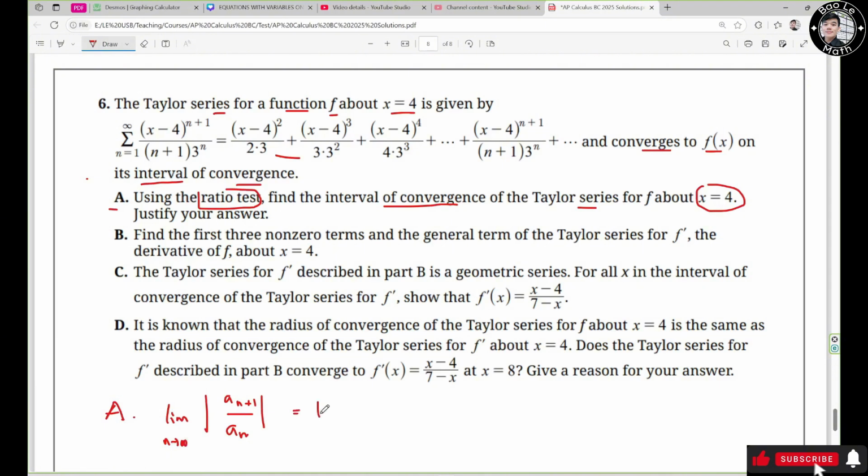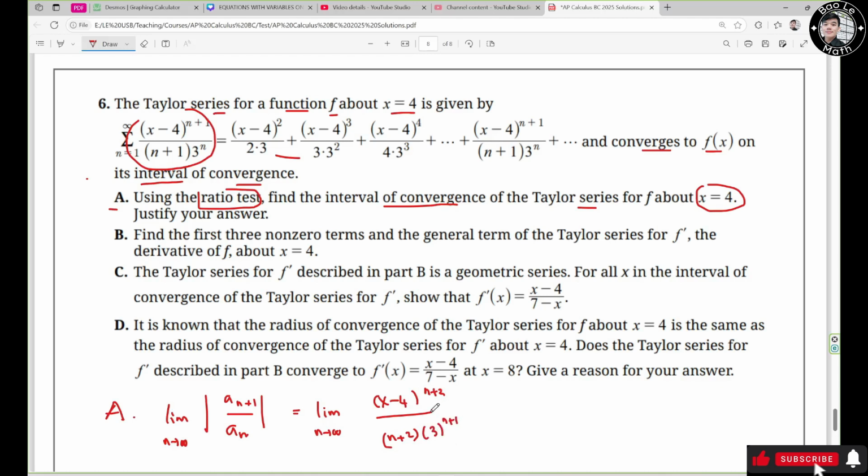This is the same as the limit as n approaches infinity of a sub n plus 1, which is (s minus 4) raised to the n plus 2 over (n plus 2) times 3 raised to the n plus 1.